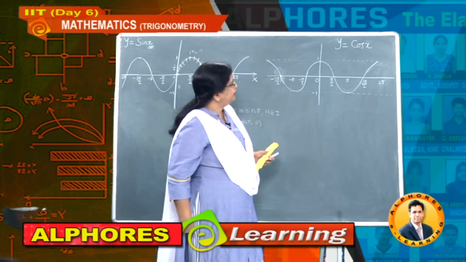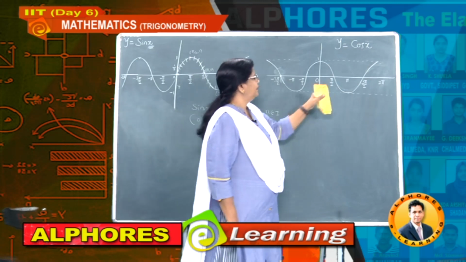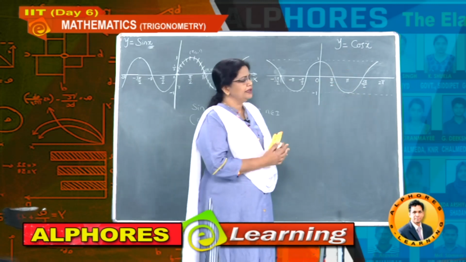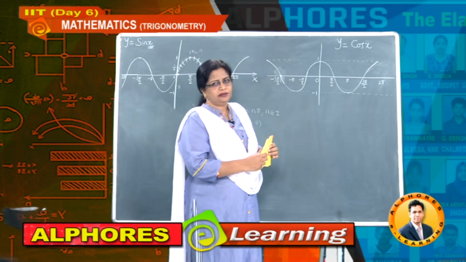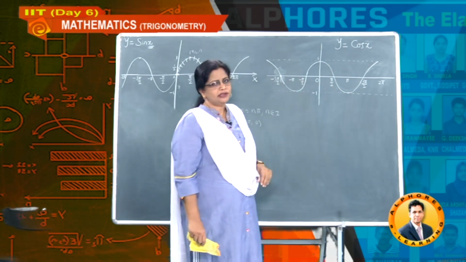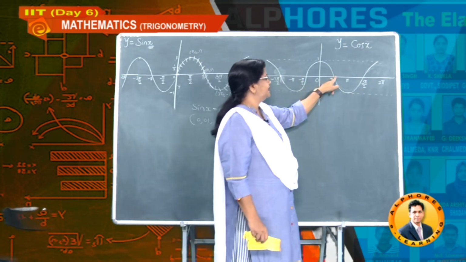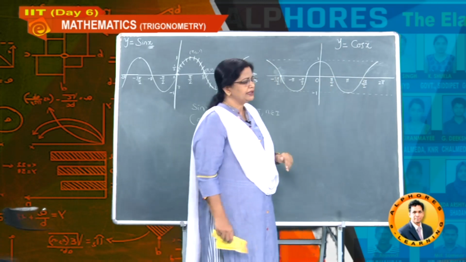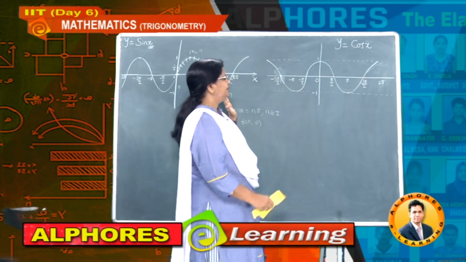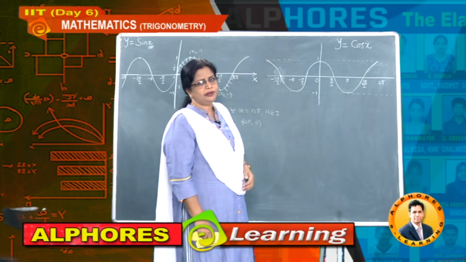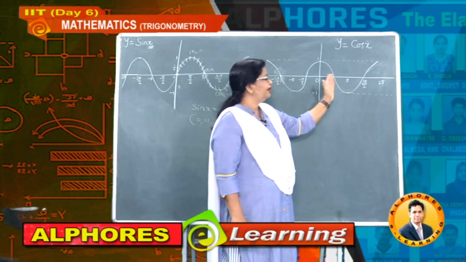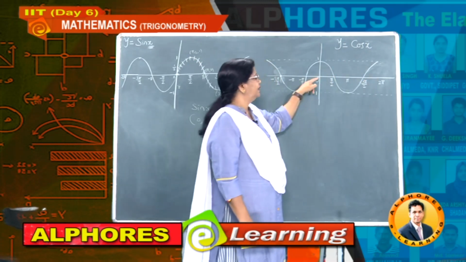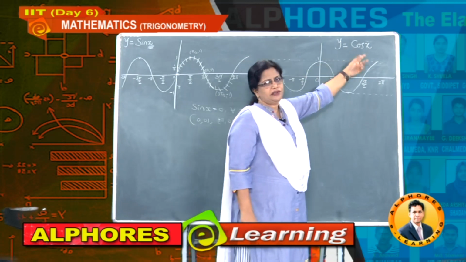Whatever x value it is, for all odd multiples of pi by 2, the cosine function is taking 0 values. At that stage exactly it is cutting the x axis. Now, however we have drawn the sine curve in the same nature, that means taking points on the x axis, all the real numbers, here also you can use.